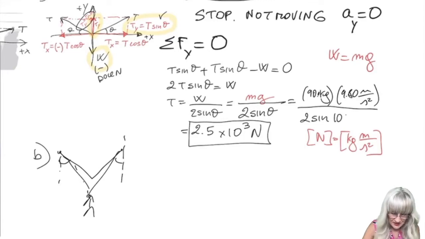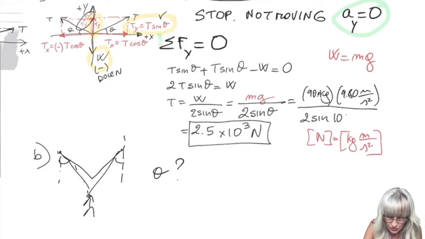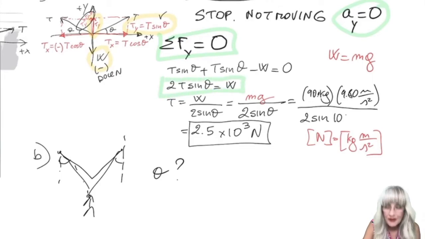So what is theta? Same consideration as we did before, nothing really changed, no acceleration, Newton, and as you can see, this is the final consideration, which I'm going to use here.